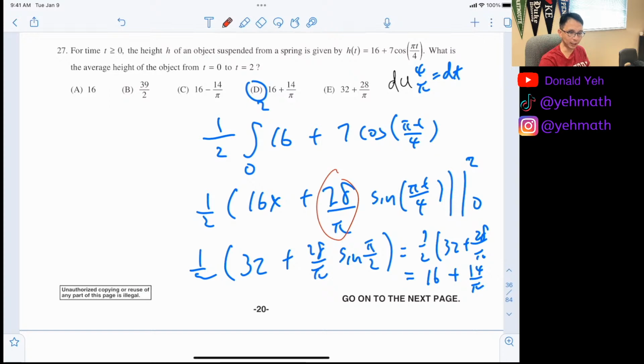I know 0 is going to make everything 0, so I didn't write out the zeros. And the 1 over 2 is the average value. So this is pretty much average value.